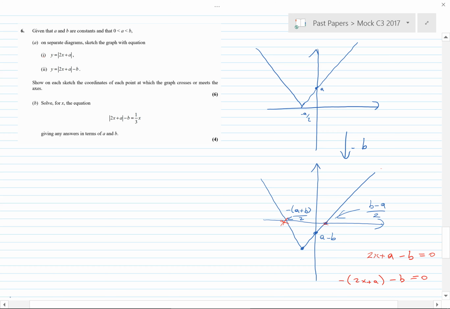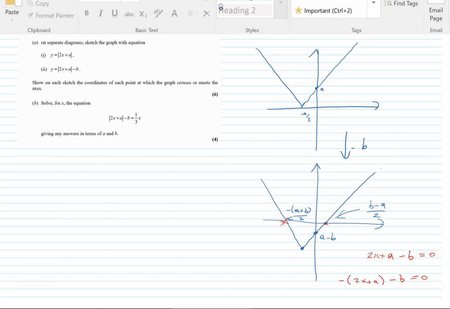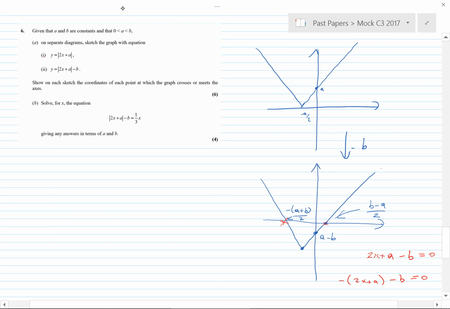And then the next part, similar kind of thing really. It wants us to solve the equation where this graph crosses the graph of a third x, so basically where it crosses here. So we're going to have 2 points, one here and one here. One's going to correspond to the positive part of that, so 2x plus a, and then the other one, similar to what we did here, we'll consider the negative part of that to solve the 2 bits.